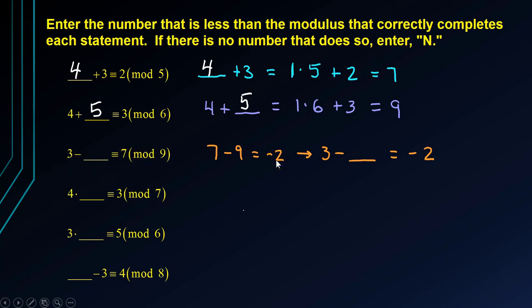So negative 2 would be congruent to 7 in modulus 9, theoretically. So I'm looking for a value where 3 minus that number would give me negative 2. This is much more feasible, because now you say, okay, I'm going to lose that 3 plus 2 more, so I've got to be taking 5 away. So 5 would be the number I put here.